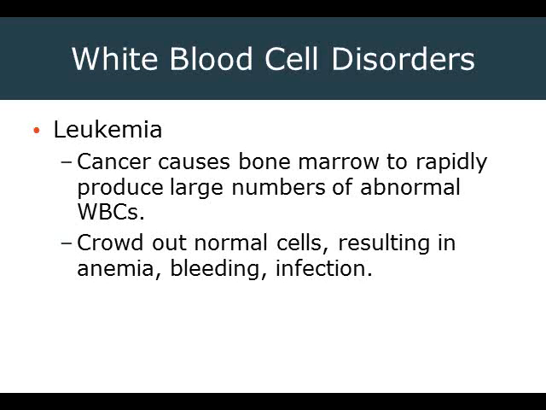It's not ultimately important that we specifically look at those names, but to understand that this is usually an overload of white cells, and that starts to crowd out normal cells, so it can create anemia.